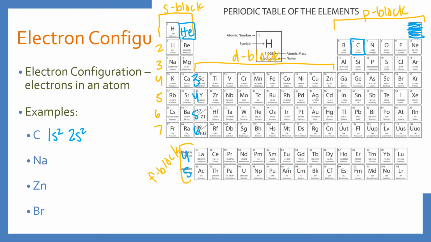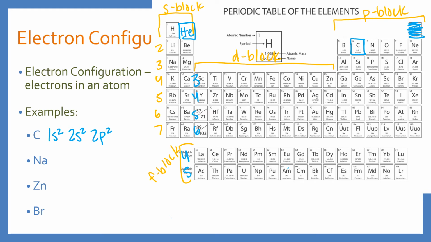And then we get to the second row and we're in the p block. So we have 2 more electrons to identify, and they both live in the p block. So we're going to say 2p2, and that is the electron configuration for carbon, 1s2, 2s2, 2p2.